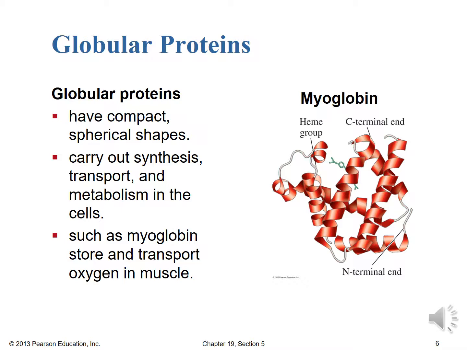So here we see a picture of the folded tertiary structure of myoglobin. You've got the heme group, you've got the carboxy terminus and the nitrogen amino terminus pointed out for you. And you can see that it's a highly folded and roughly spherical packing for this myoglobin globular protein.